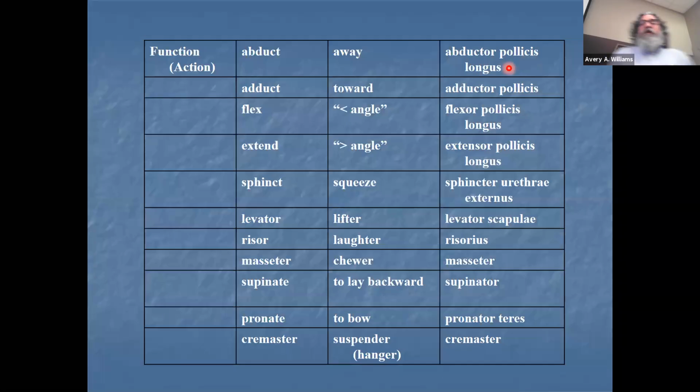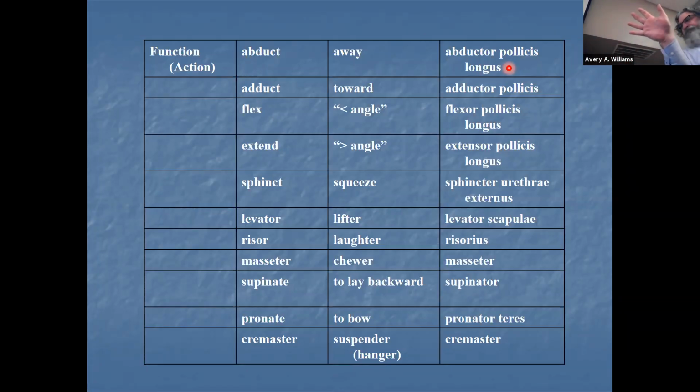How do you do that? Watch. Here's my hand, can you see my hand? To abduct means to take it away. Remember I told you the axis of your body or the axis of your appendages runs through your third appendage, your middle finger. So here's the midline of your appendage.